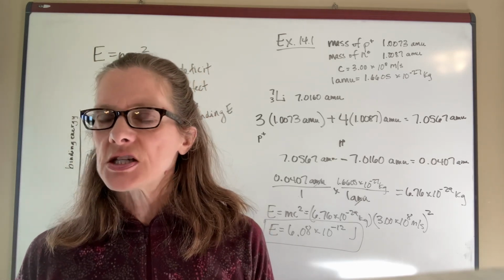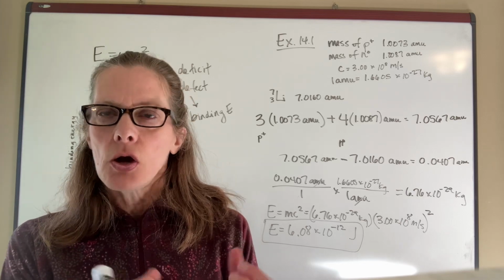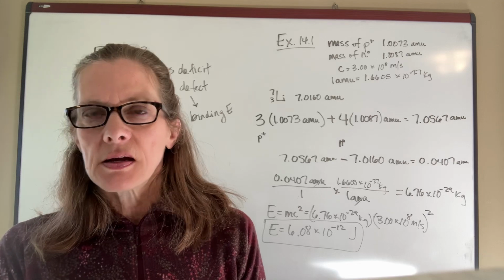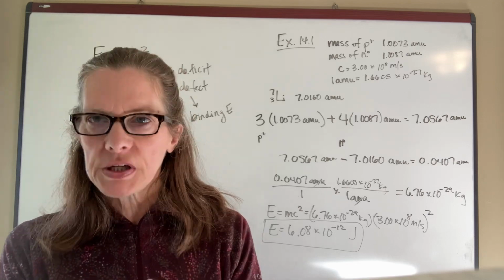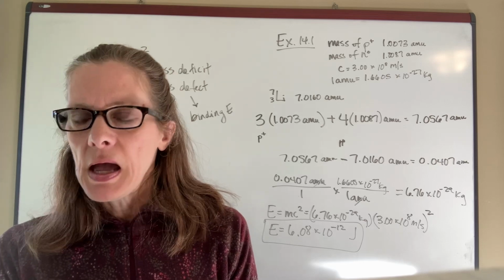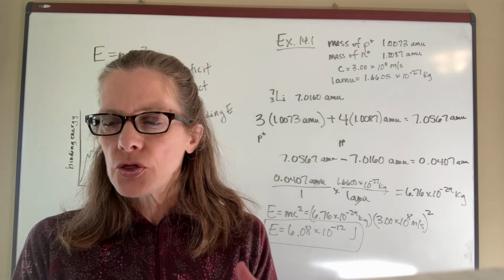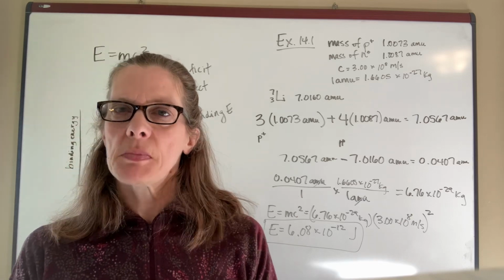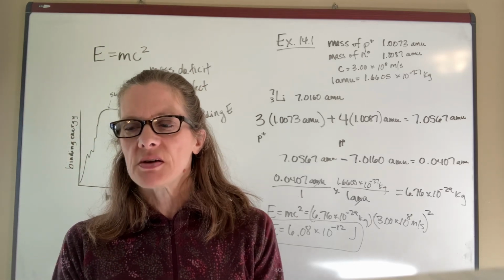And what he's saying is if you have just 7 grams of lithium, which is not very much, the amount of energy holding those nuclei together in that 7 grams of lithium is equivalent to 1 3/4 million sticks of dynamite.